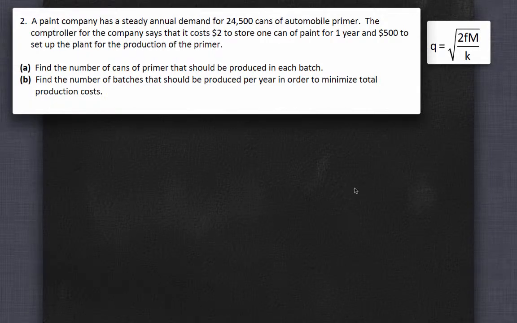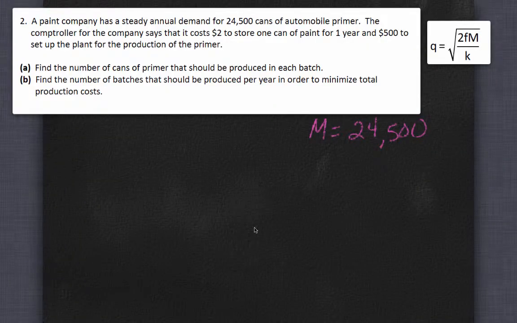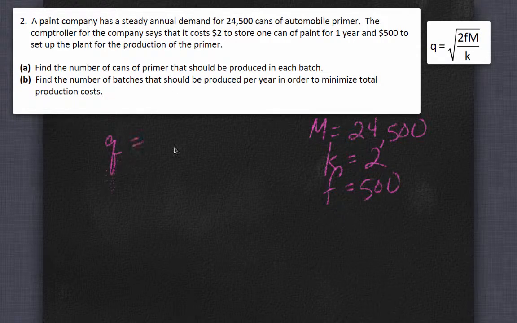Okay, so a paint company has a steady annual demand for 24,500 cans. The comptroller for the company said it costs $2 to store a can of paint for a year, and $500 to set it up. The number of cans per batch.